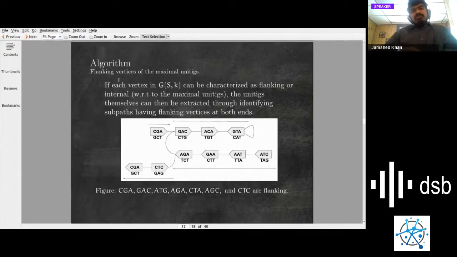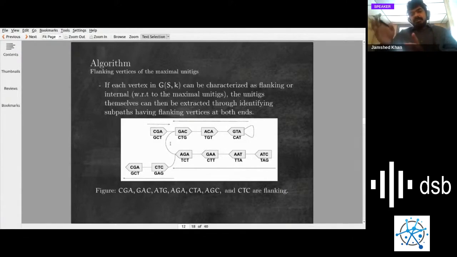In this work, the concept of flanking vertices is quite important. So we say that if we can characterize each vertex of the actual De Bruijn graph as either flanking or internal with respect to the maximal unitigs, without extracting the unitigs first, then we can make an implicit walk over the graph again and extract all the subpaths that have flanking vertices as their terminal ends.